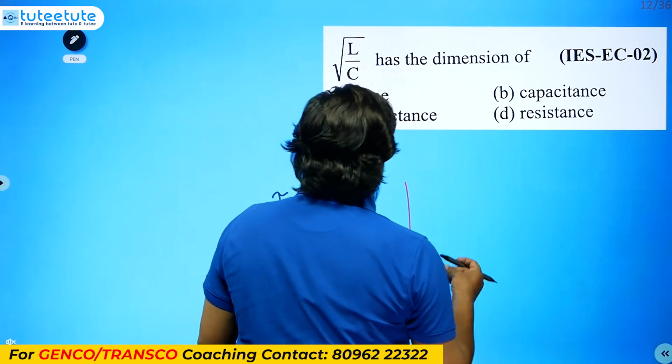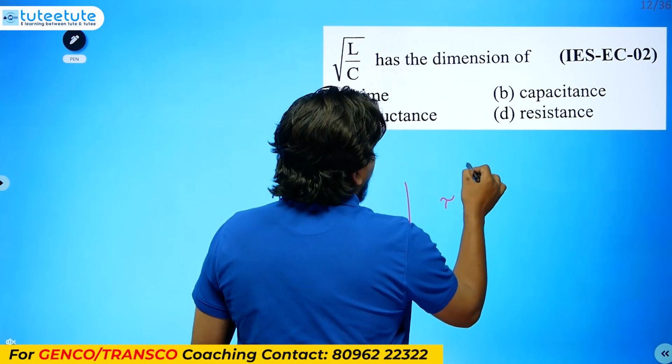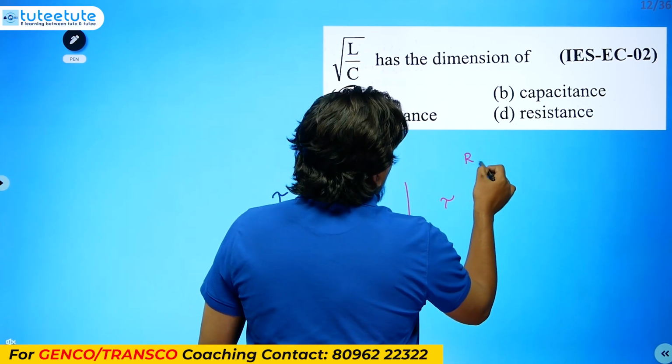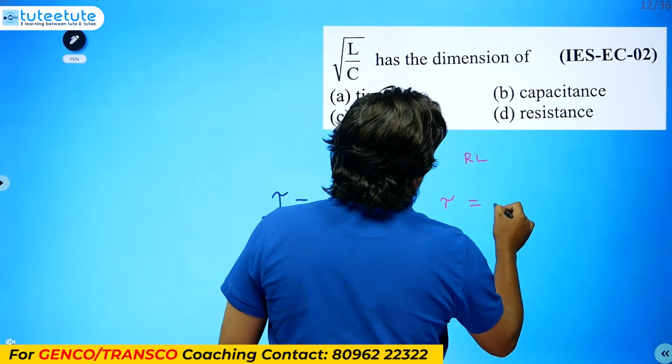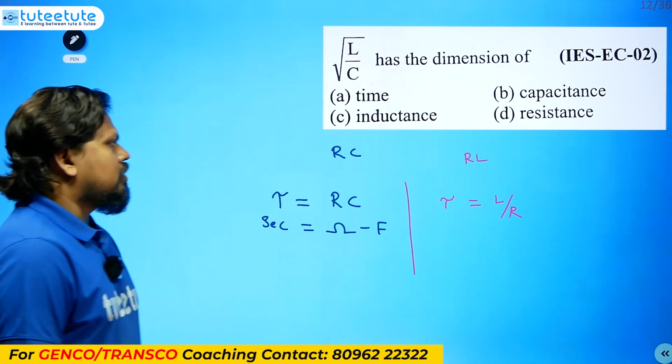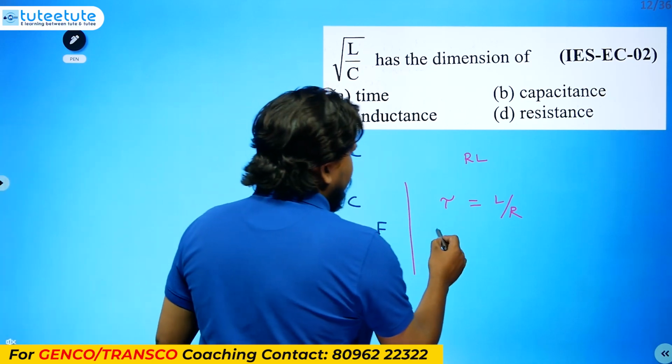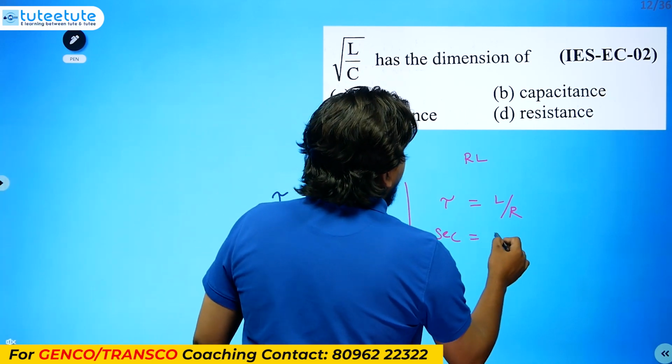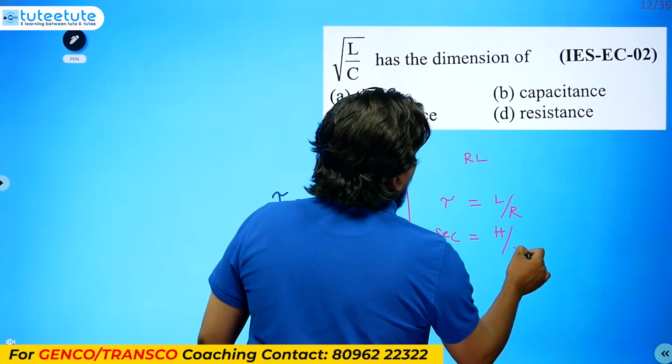Next, the time constant for an RL circuit is L by R, L divided by R. Here also it is seconds, and here it is Henry divided by ohms.